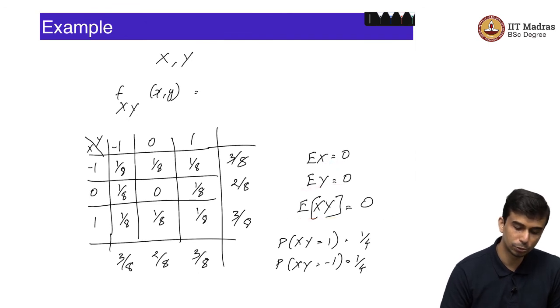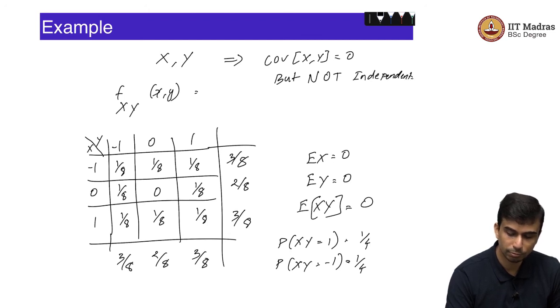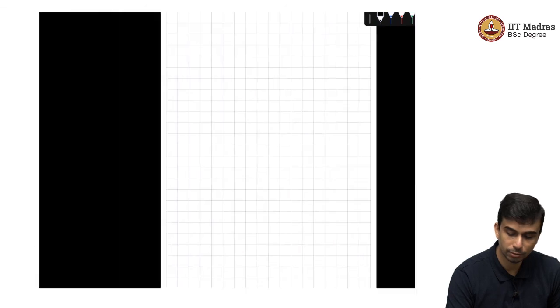So even though these two random variables are not independent, they are uncorrelated. We can see that E[X] times E[Y] is equal to E[XY], so the covariance of X and Y happens to be 0. So this is a pair of random variables with covariance of X, Y equal to 0, but not independent.